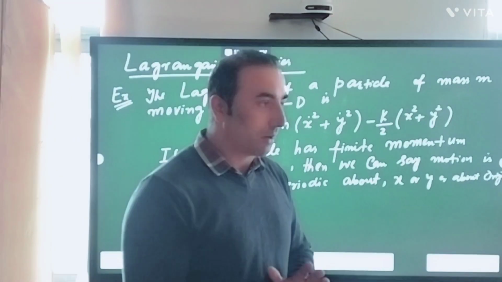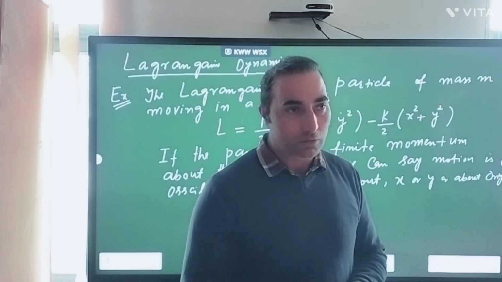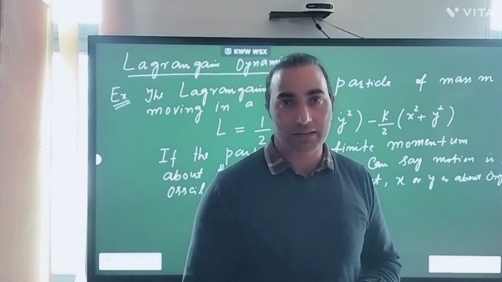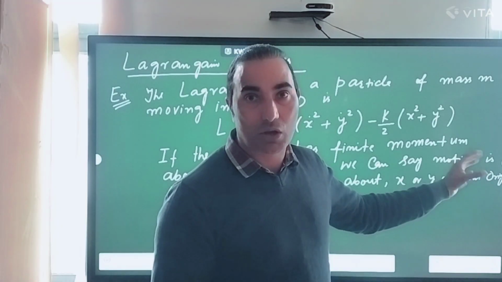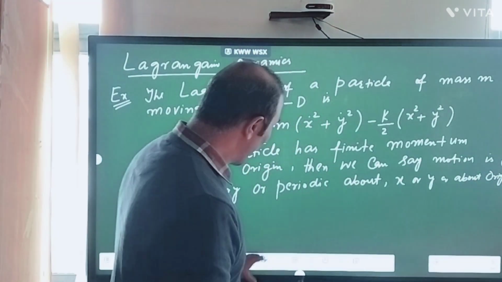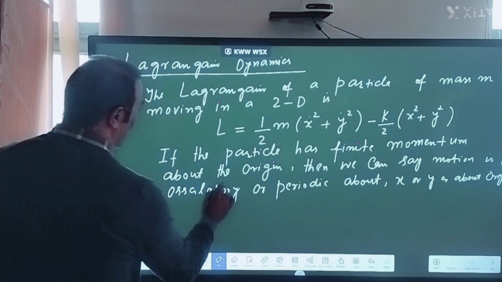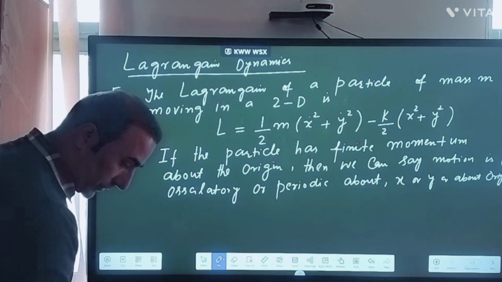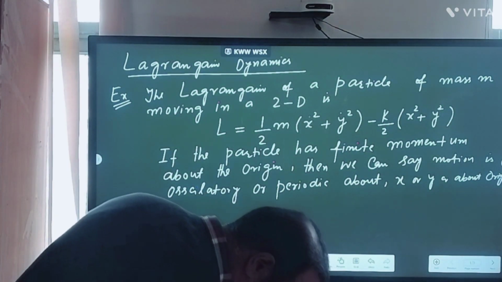Because the particle's motion is in a two-dimensional plane, that means we have two variables here. The particle can move along x or along y direction also, right? So I can rewrite the equation of motion for this.